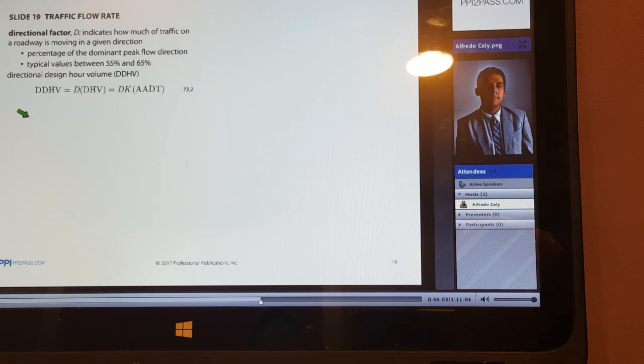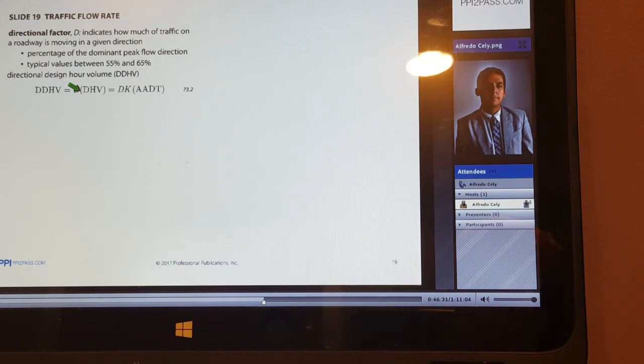See how I love these acronyms? This acronym is actually telling you how to find it. The directional design hour volume is found by multiplying the predominant direction factor times the design hourly volume. So if your predominant direction is 65% of the traffic, your directional factor will be 0.65 times your design hourly volume.